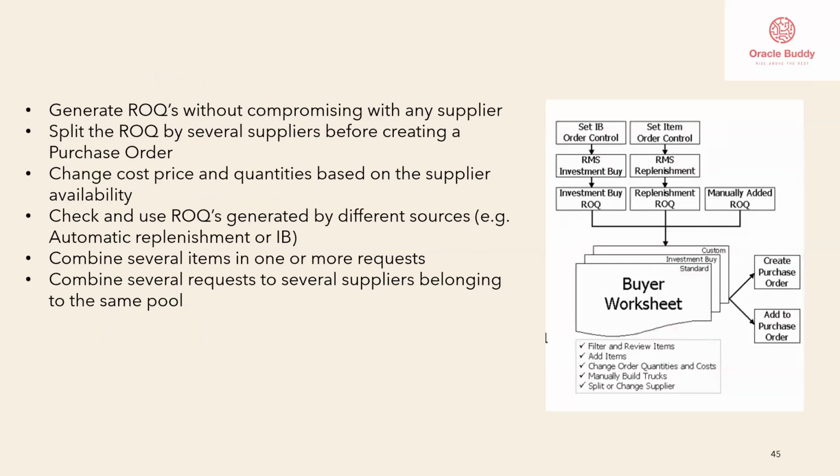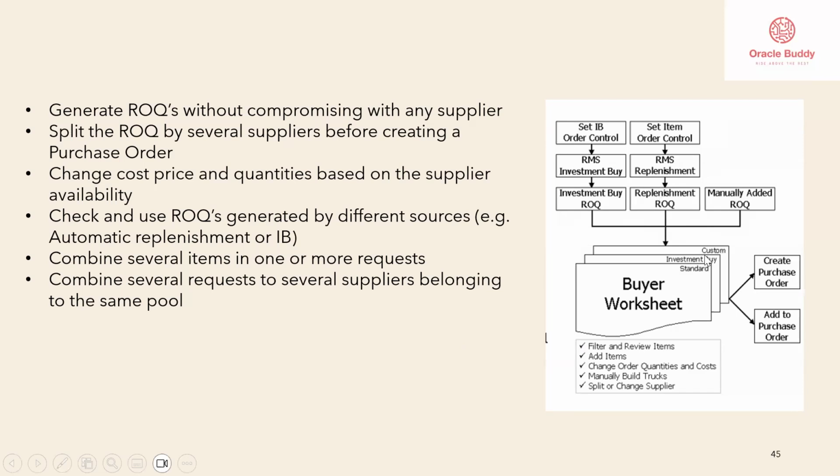So it generates ROQ without committing to any supplier. Split the ROQ by several suppliers before creating a purchase order. Change cost, price, and quantity based on the supplier's availability. Check and use ROQ generated by different sources, for example automatic replenishment or IB. Combine several items in one or more requests. Combine several requests to several suppliers belonging to the same pool.